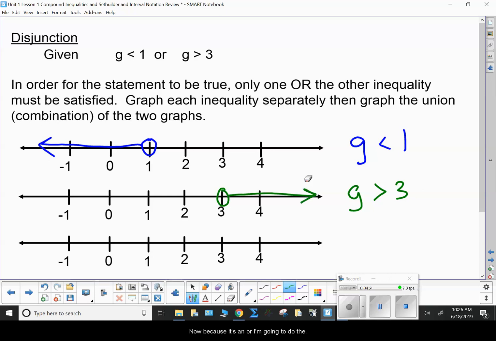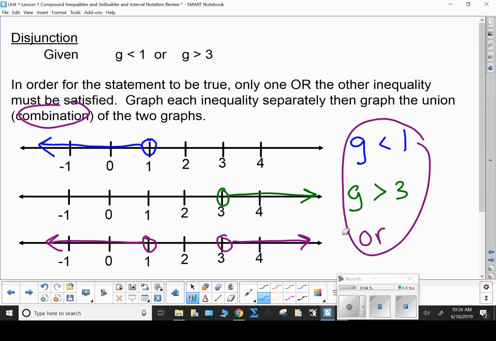Now, because it's an OR, I'm going to do the combination. So I'm going to have everything to the left of 1 and everything to the right of 3. This is the OR combination. Okay?